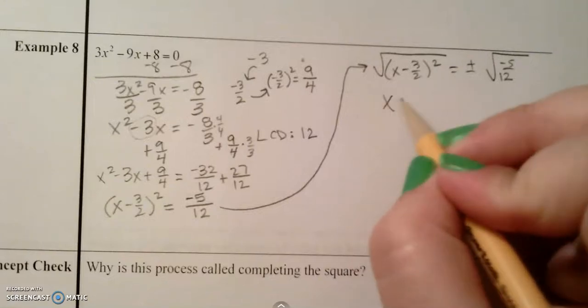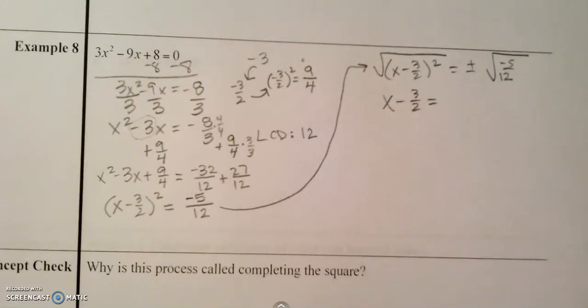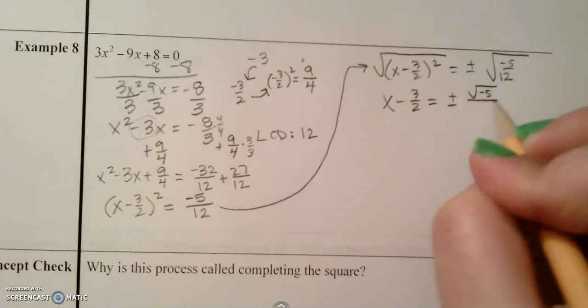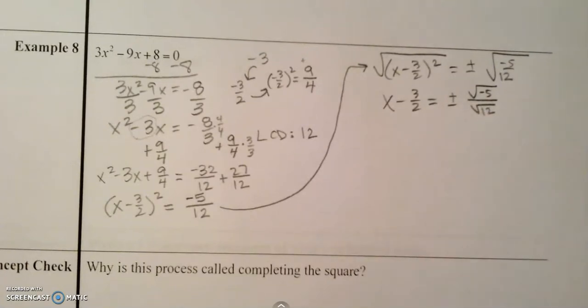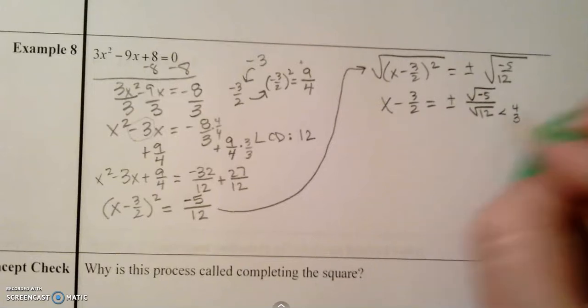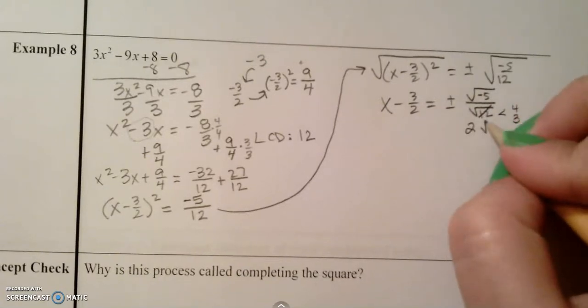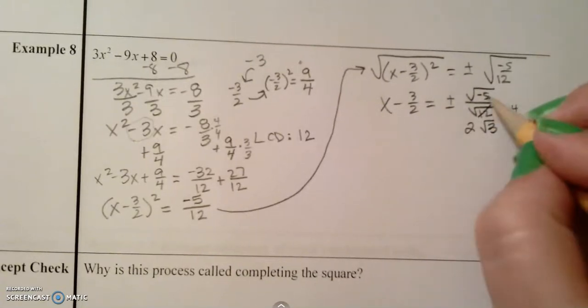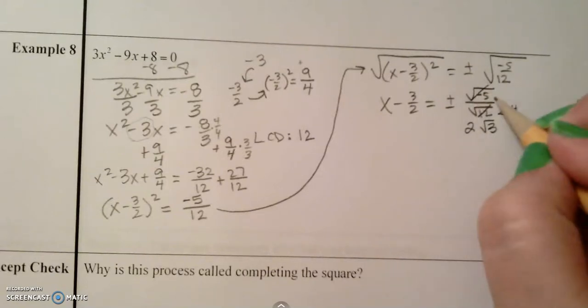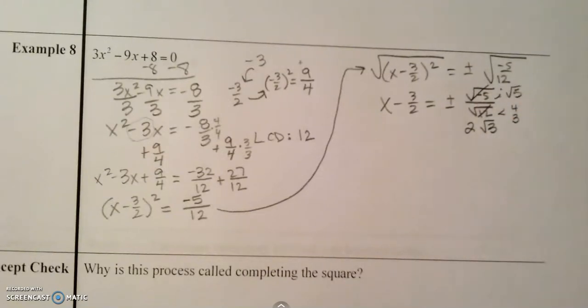So we have x minus 3 halves equals, I'm going to write this as plus or minus the square root of negative 5 over the square root of 12. We'll do it in two steps. Square root of 12, 4 times 3. So this is going to become 2 times the square root of 3. The square root of negative 5, the negative will become i. So this will become i times the square root of 5.